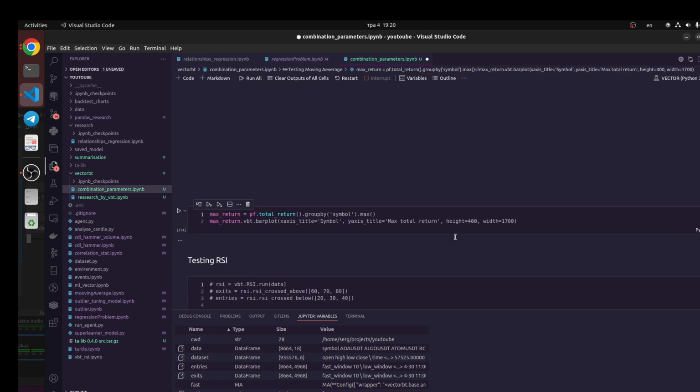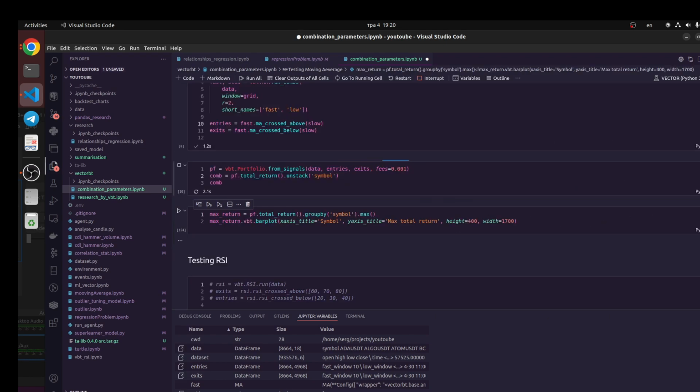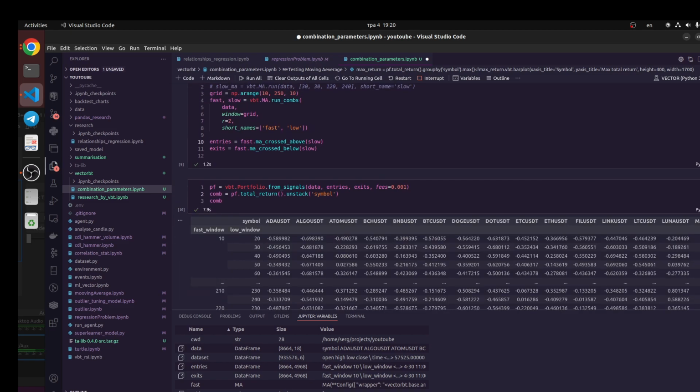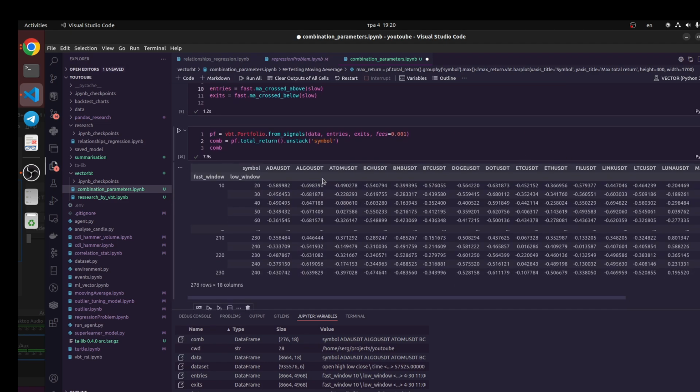Let's do it. And you see it's working very fast. For example, it takes maybe less than 10 seconds. And you see, these are the columns, and we have some parameters and cumulative returns for the end of the period.